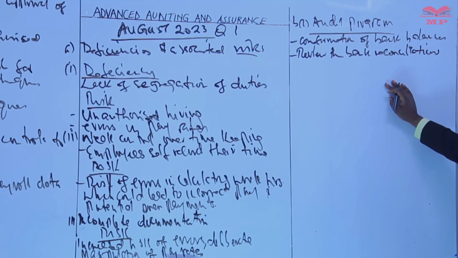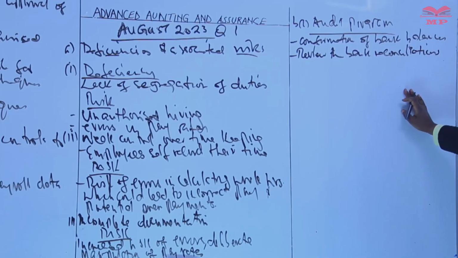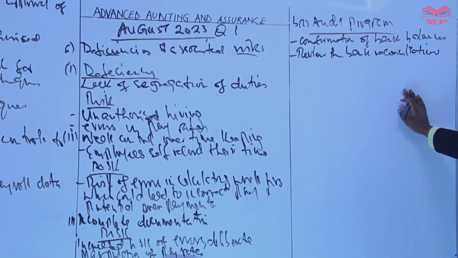The auditor should inspect a sample of the checks that have not been honored or the ones that have been cancelled, to ensure proper authorization and endorsements. In reviewing the bank reconciliation, the auditor may also review bank charges and interest income for accuracy and appropriateness.